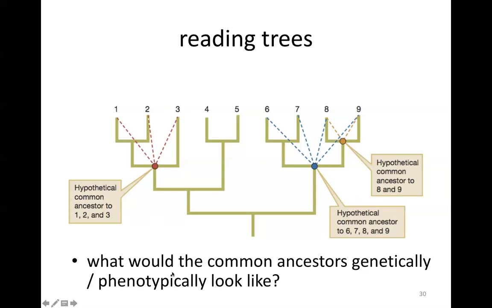What would the common ancestors genetically or phenotypically look like? This is also a good question. So we might guess that the common ancestors of 8 and 9 should have common traits of both, and then the common ancestor of 6, 7, 8, and 9 would have some commonness across all these, but whether the common ancestor would be equally close phenotypically to all of them, we cannot predict.